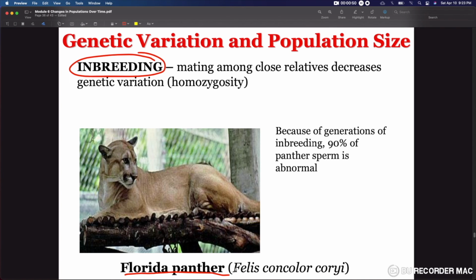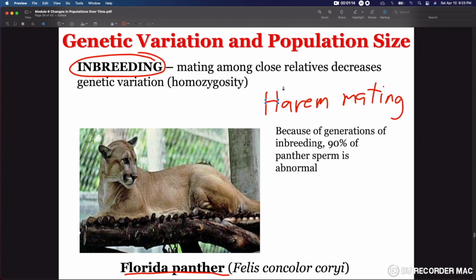Anyway, so inbreeding, for the case of your Florida panther here, Felis concolor, they are always mating with most of them, their close relative, no? And especially for your lions, no? Your lions are always practicing what we call harem mating.